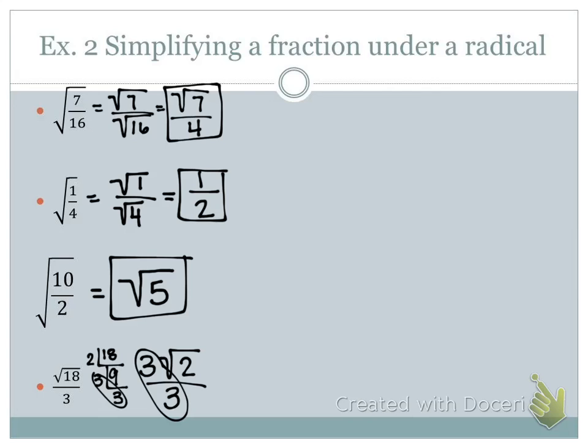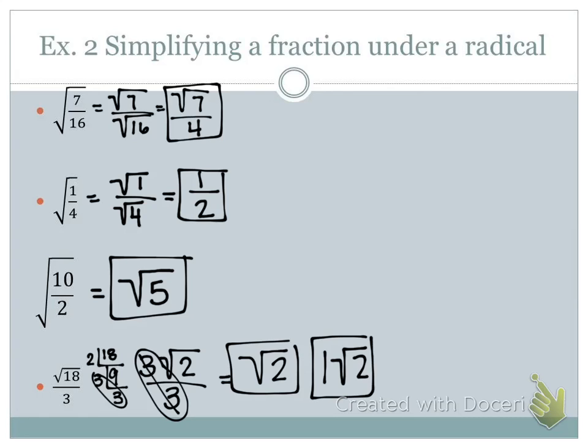Just because it's on the outside of the radical does not mean you cannot simplify it. Technically, I can cancel that out because I could just write this as the square root of 2. I could also write it as 1 times the square root of 2. Either one of these would be the correct answer.